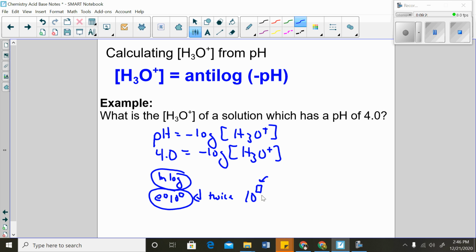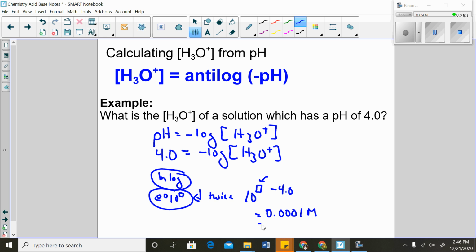So after you press it twice and you see the 10 with that flashing exponent, in that flashing exponent you need to type negative 4.0 and then hit enter, and you will get 0.0001 molarity.